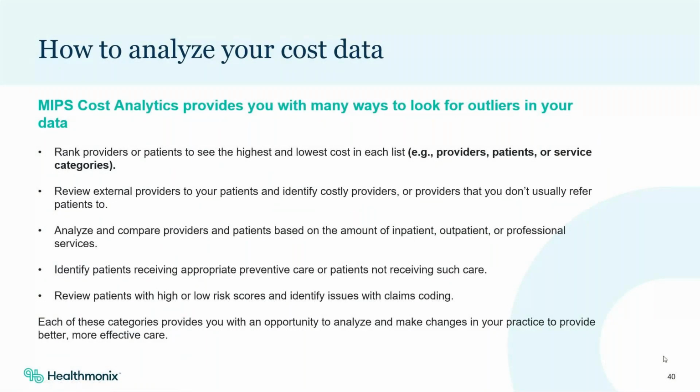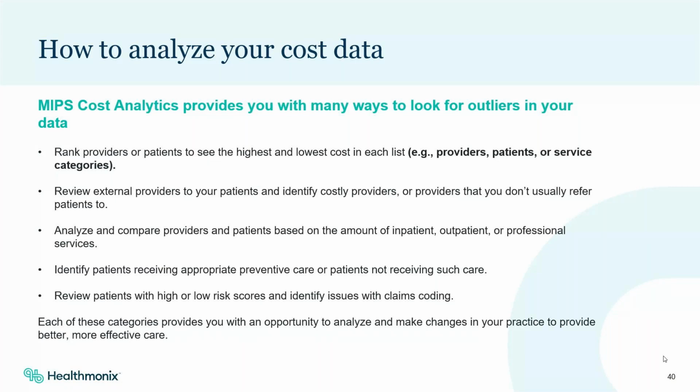So the main thing from looking at your data right now in our system, it gives you the ability to look at outliers, which is a major way to understand where things might be going wrong or might be a little more uncontrolled than they seem.